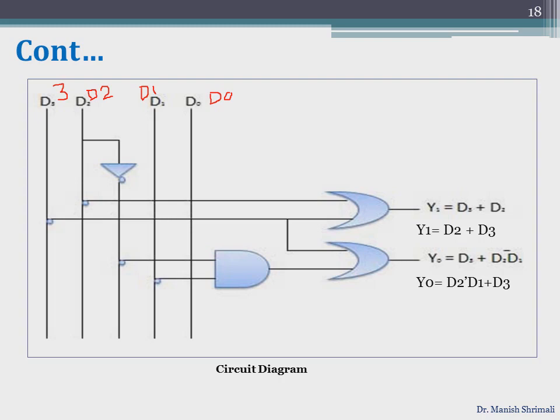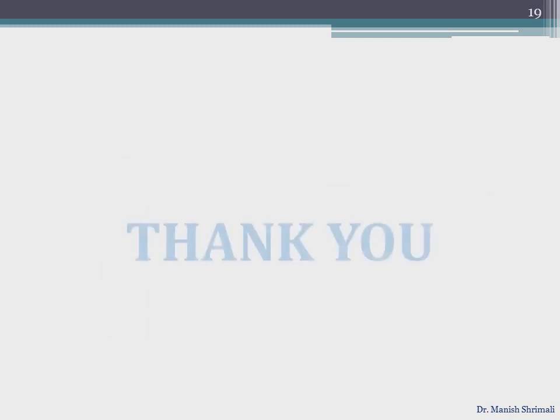Then D3 is coming from here, so Y0 is equal to D2 complement D1 plus D3. So this is about the priority encoder. Thank you.